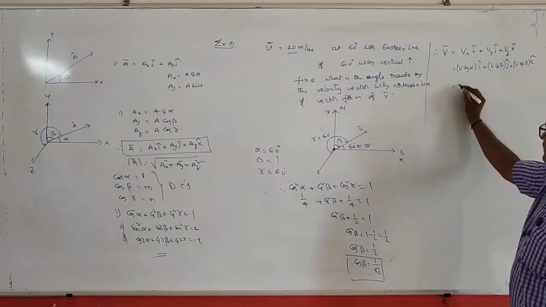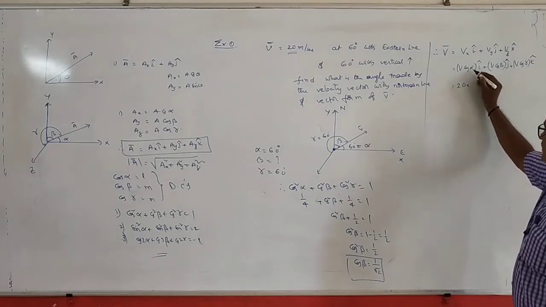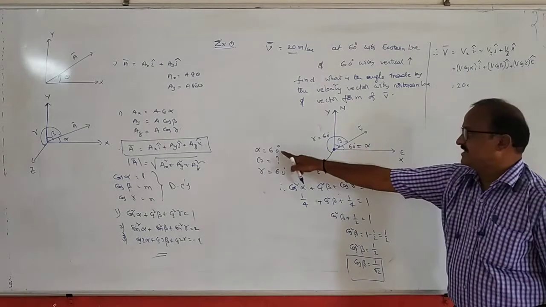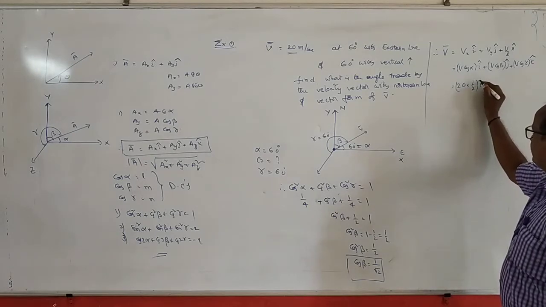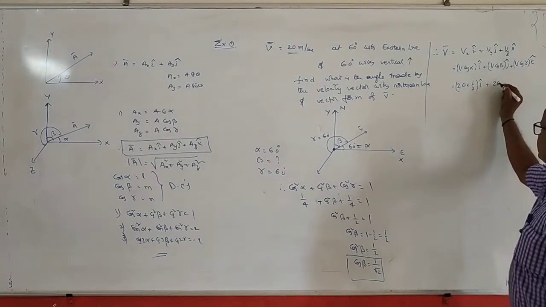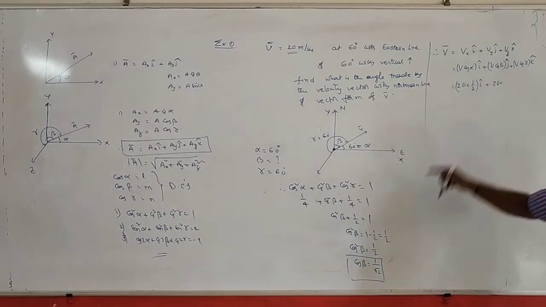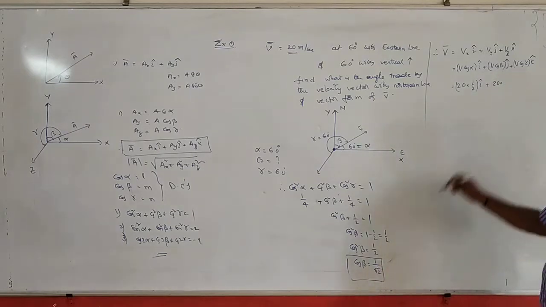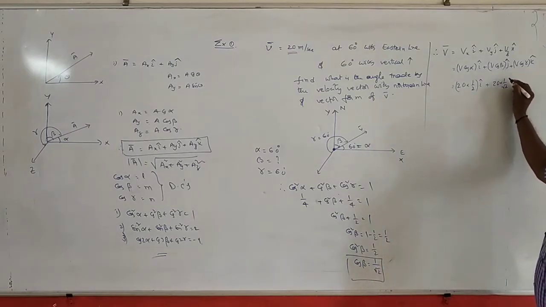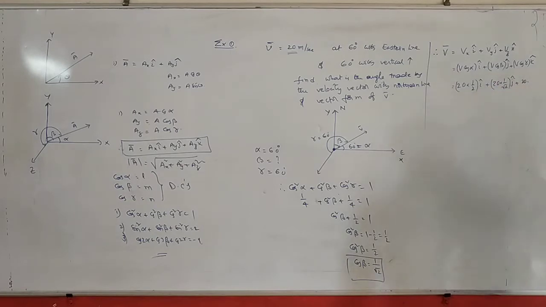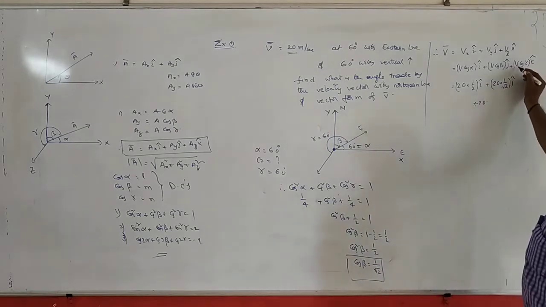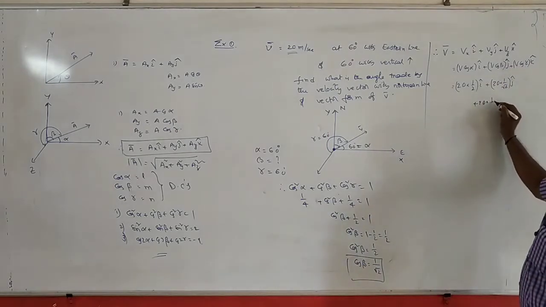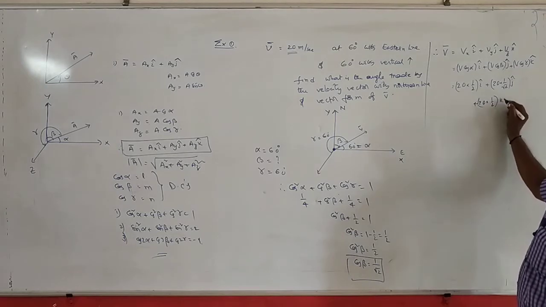So 20 into cos 60 degrees, which is 1 by 2, into i cap, plus 20 into cos beta, which is 1 by root 2, into j cap, plus 20 into cos gamma, which is 1 by 2, into k cap.